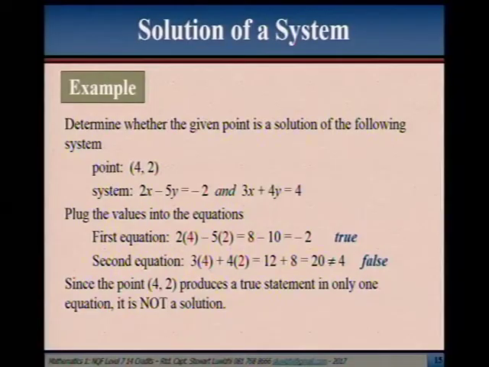So this being the case, that point is not correct. First equation, we found it true, second wrong. Since the point (4, 2) produces a true statement in only one of the two equations of our system, it is not the solution that we want to our problem.